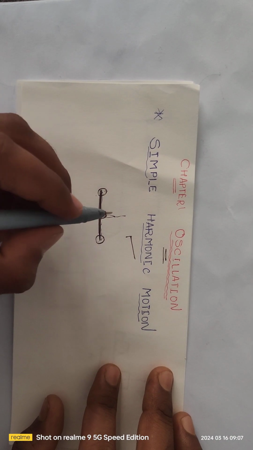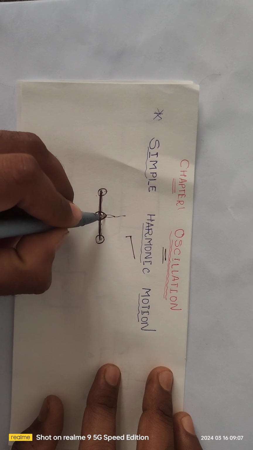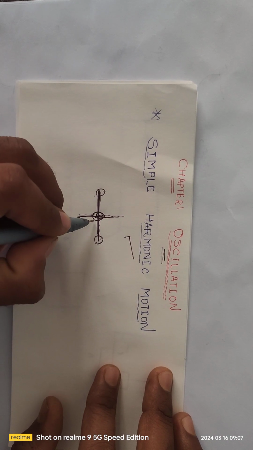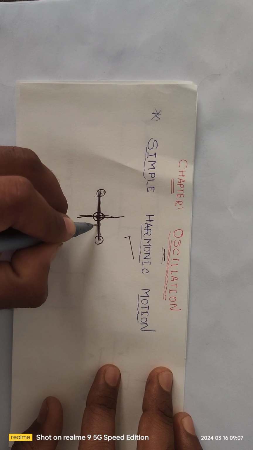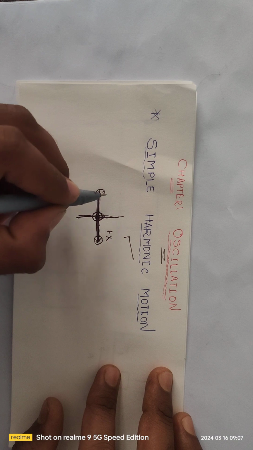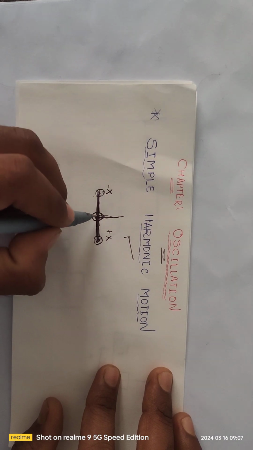Now here, the displacement in oscillation is about the equilibrium position. The particle is at the origin position, and here is the displacement in the plus x direction, and this is the displacement in the minus x direction.